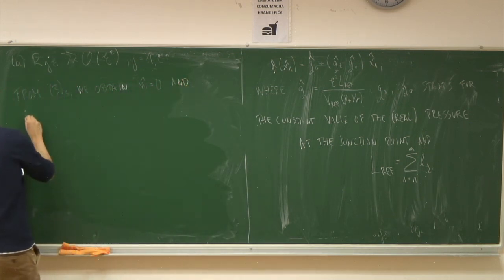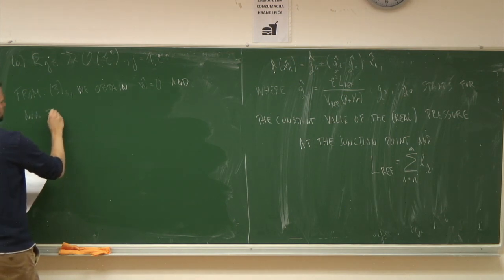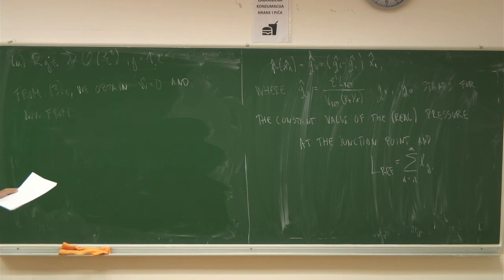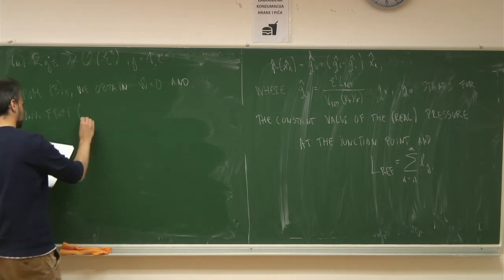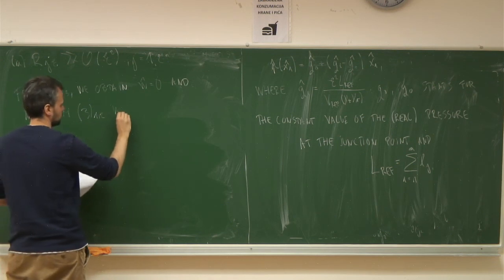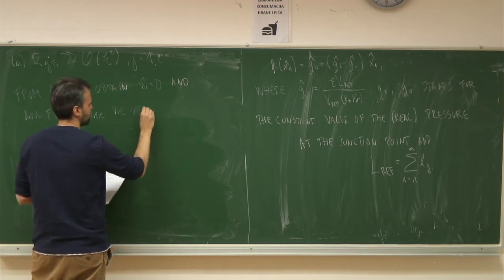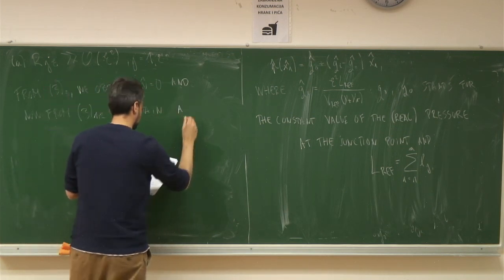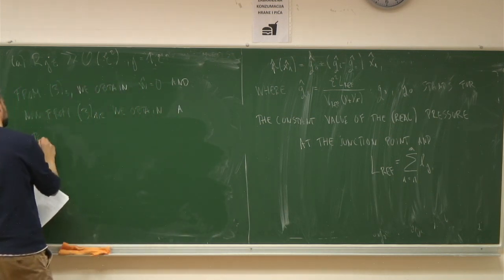And from the angular momentum equation, you obtain that this is 0. And from the other two equations, you obtain a Poiseuille-like solution again, which is expected.